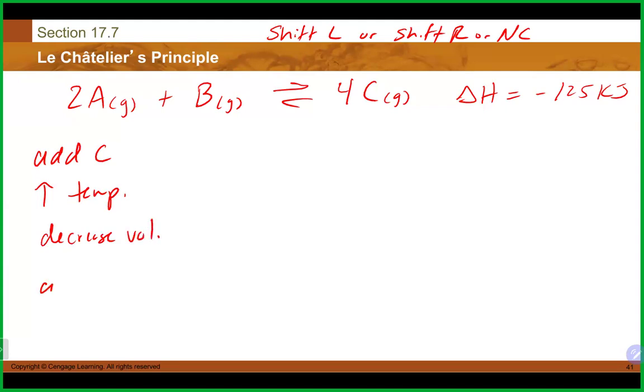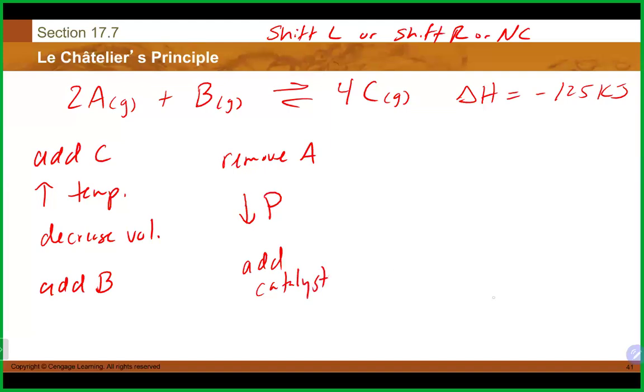We're going to add B. Going to remove A. We're going to decrease the pressure. We're going to add a catalyst. We're going to remove B.